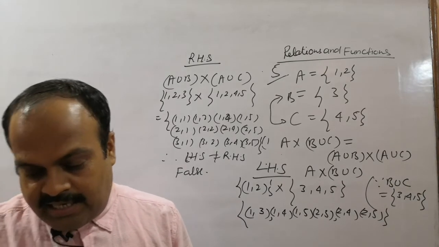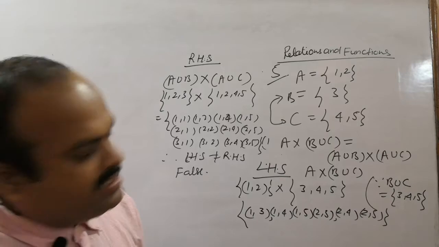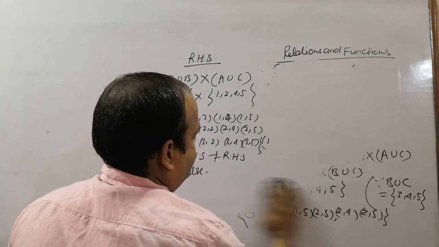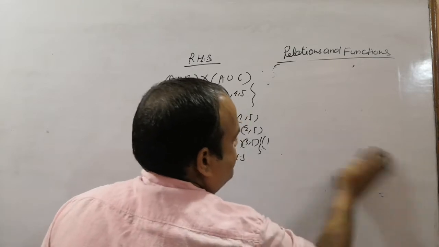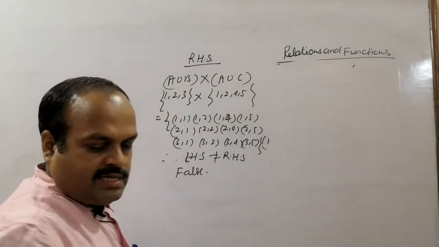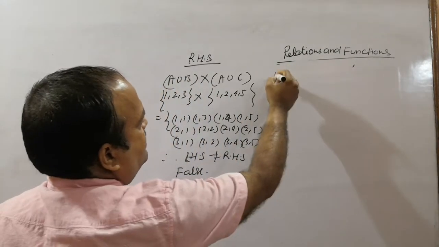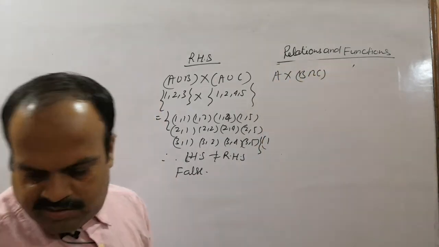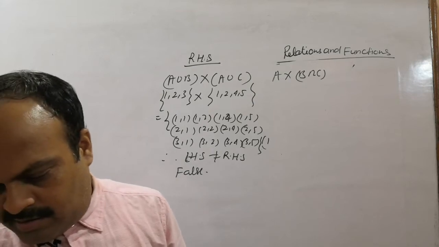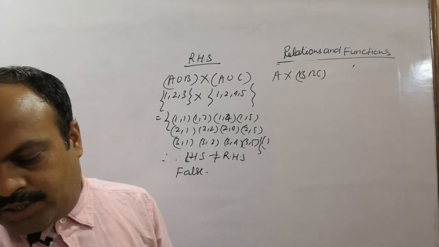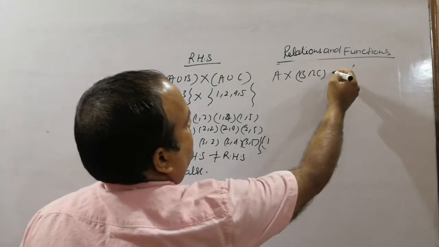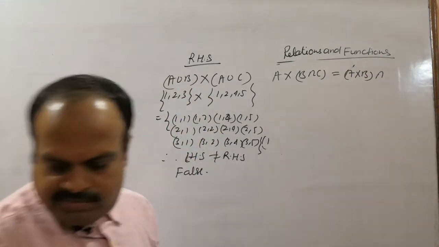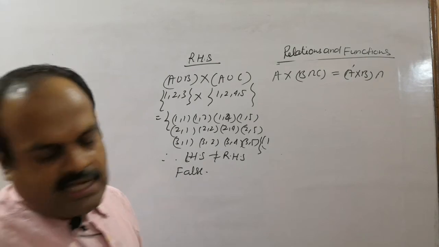Second one, A cross (B intersection C) equals (A cross B) intersection (A cross C).